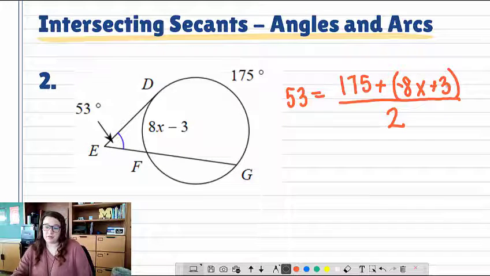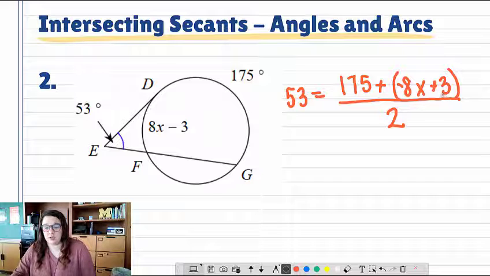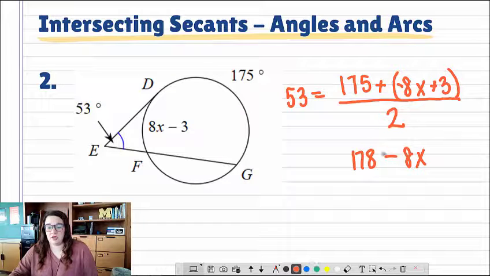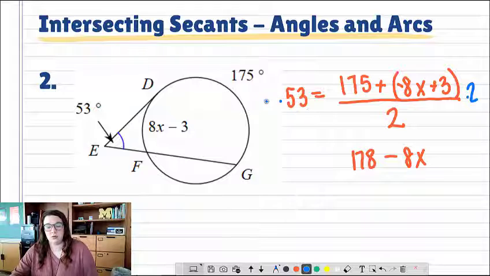I can combine like terms on the top. 175 plus 3 is 178, minus 8x. And then I'm also going to get rid of this 2 while I'm at it. I'm going to multiply both sides by 2.